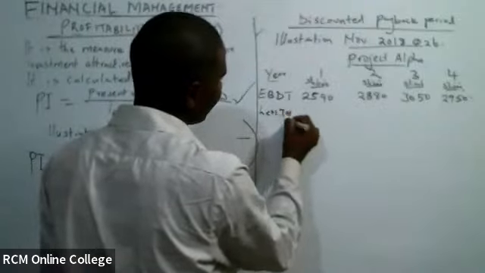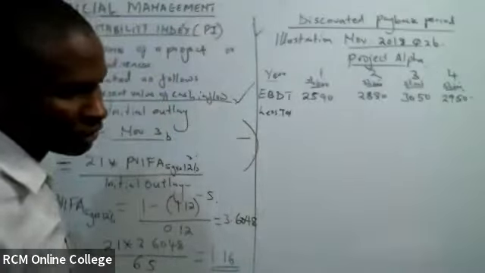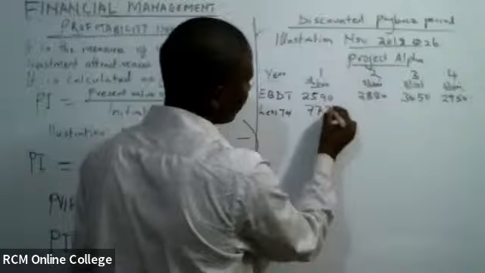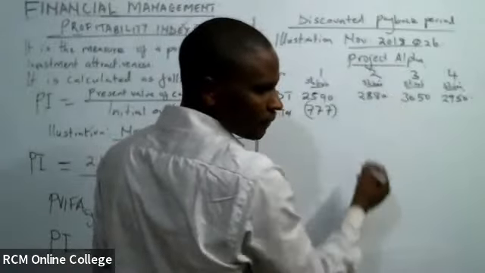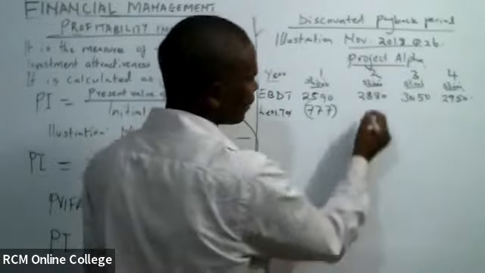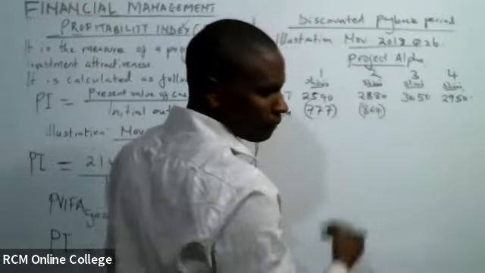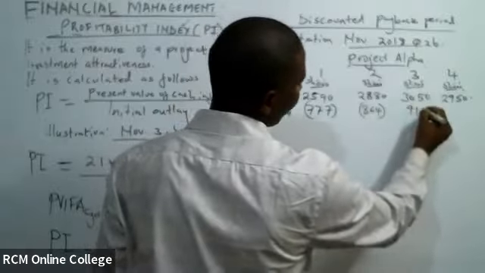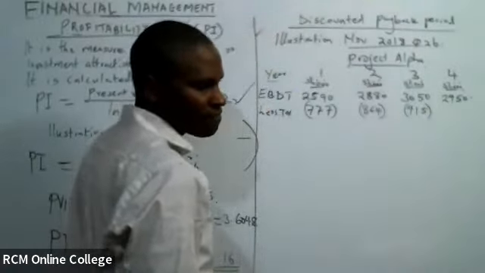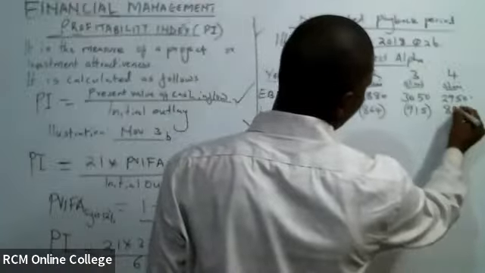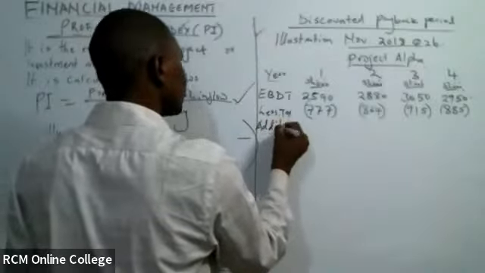So tax, give me 30% of each. 30% of each: 777. 777. 864. 915. 885. Good. Then we add DTS.